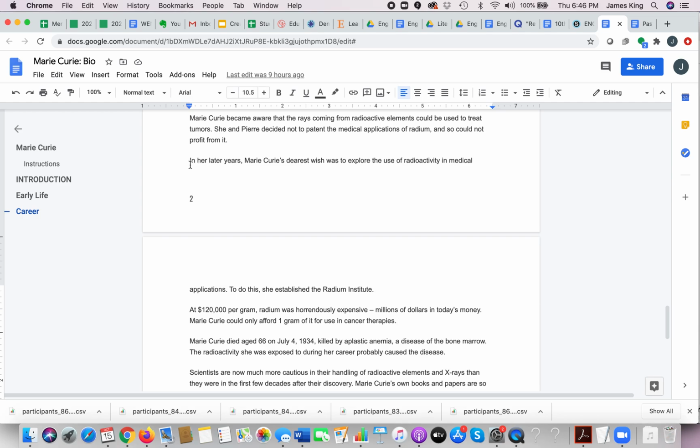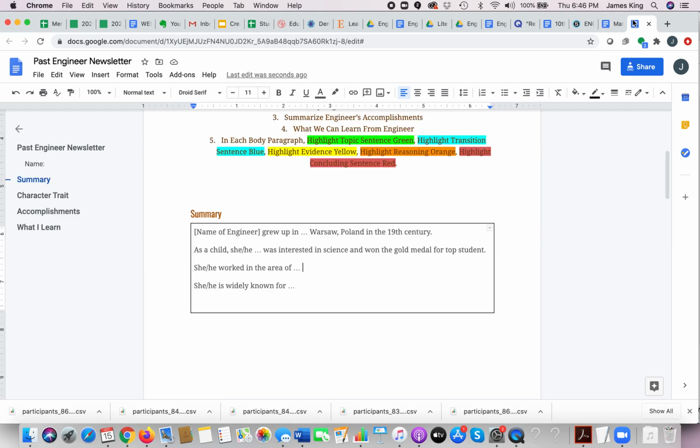She worked in several areas, but in her later years, Marie Curie's dearest wish was to explore the use of radioactivity in medical applications. To do this, she established the Radium Institute. We identified this in class as one of the key details of the text, right? Using radioactivity in medicine to treat tumors, right?